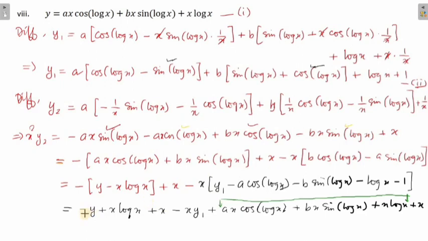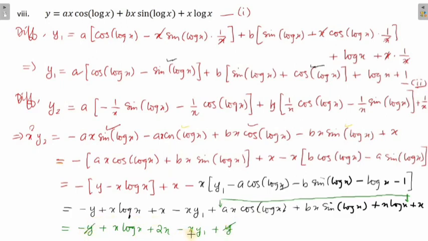So this is minus y plus x log x, and x plus the last x is 2x, and minus x y1. Now how much is this? From equation 1, this is exactly y, so plus y and minus y get cancelled.